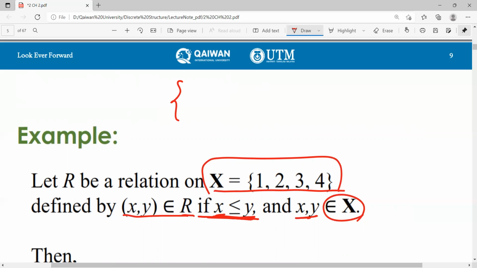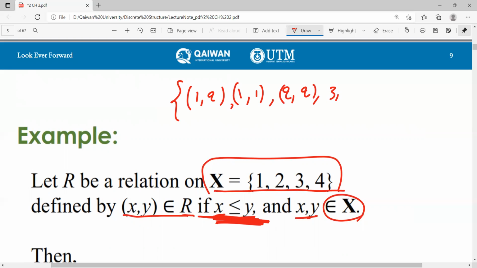Can I pick 1 and 2? Does that satisfy this condition? Is 1 less than or equal to 2? Yes. How about 1 and 1? Yes. How about 2 and 2?